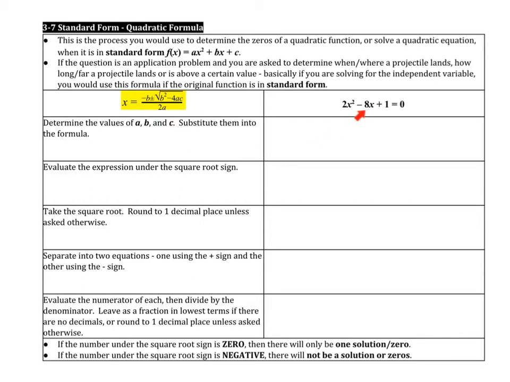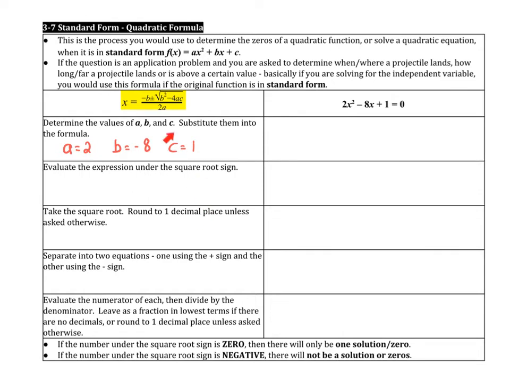The b is the number in front of the x, which is -8, and it gets substituted into here and here. The c is the constant, so it's +1, and it gets substituted here. So that means a is equal to 2, b is equal to -8, and c is equal to +1.